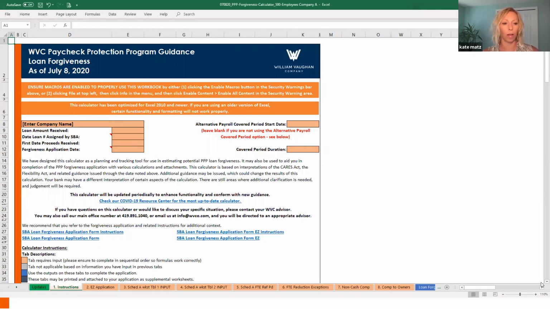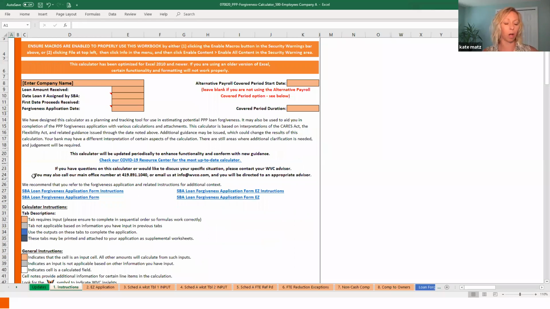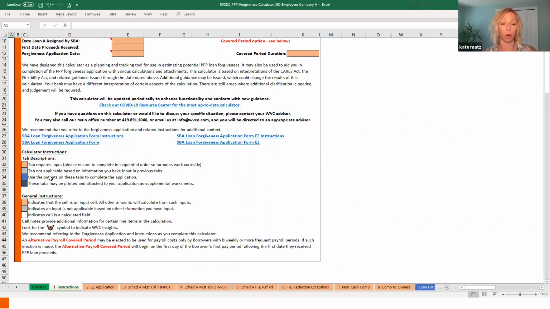When we scroll down a little bit, we've got some color coding that's important to understand too on how the calculator works. So this first section here talks about the tabs. So anywhere that there's a tab that's got this kind of salmon color, that means that there's things on that tab that you either will need to input or you may need to input.